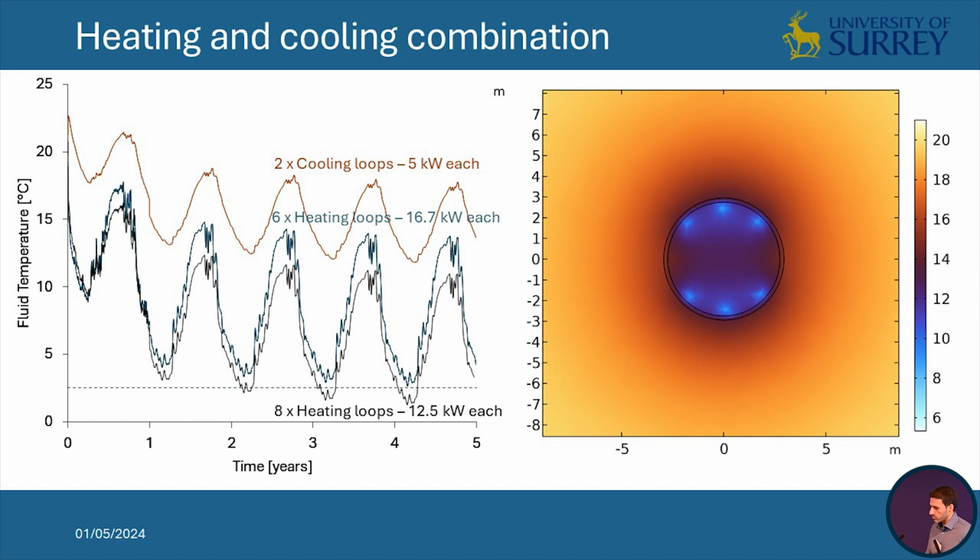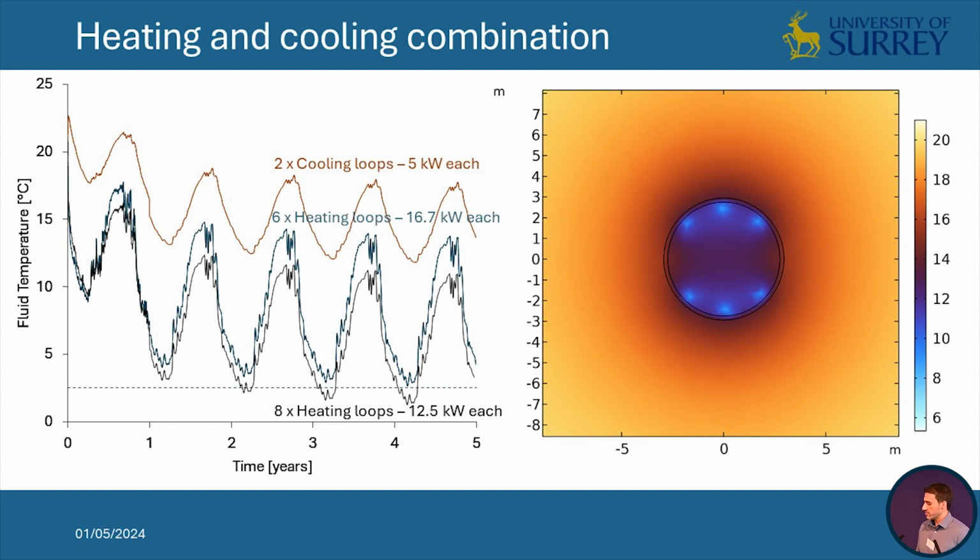The last thing I wanted to do was look at combinations of load, because it makes sense that when you have both heating and cooling, they can interact beneficially together. So in this example, I'm distributing the total load, instead of to 8 loops as earlier, to 8. And then for the remaining 2 loops, I'm using an artificial cooling load of 5 kilowatts, which could be typical for a data center, or even to provide load to a hospital or something like that.